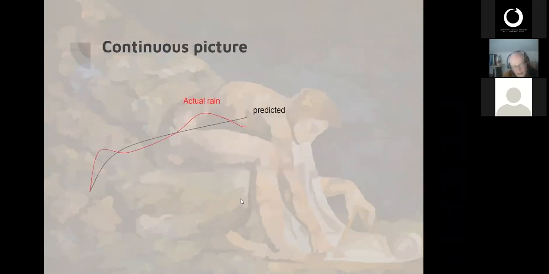Let's continue. You have a continuous model where we're talking about whether it's going to rain, and this is over the course of the day. This is the intensity of rain predicted, and you have rain gauges, and this is the actual rain gauge.